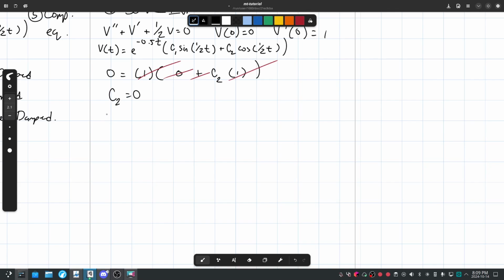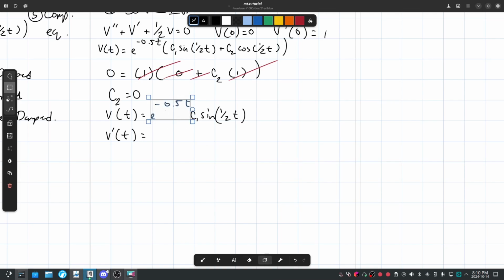And now we can derive. So we know that V(t) is equal to e to the negative 0.5t times C1 sine of half of t. Remember, cos is gone because C2 is 0. So therefore, V prime of t is going to be a product rule.